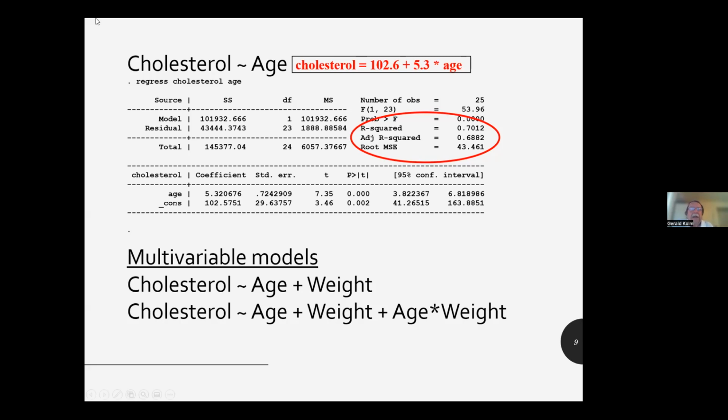And then the regression coefficients, we can test for statistical significance by using a t distribution. You can see here the p-value for each of these. So obviously age is a significant predictor of cholesterol in our little data set here. And then we have the 95% confidence interval for the regression coefficient and for the constant.